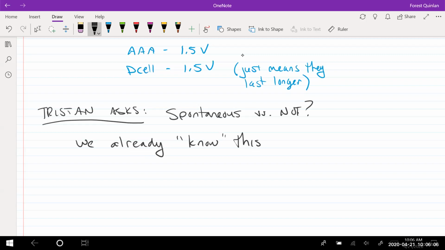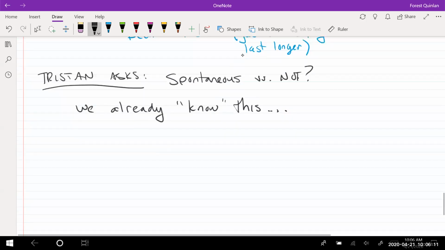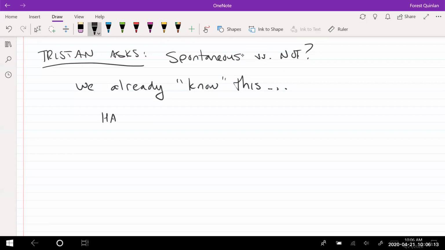How do we know this? HAc, what does it do? It breaks up into H pluses and Ac minuses. Now, it does that, and equilibrium says that not very much goes to the right, right? So it mostly stays as HAc.